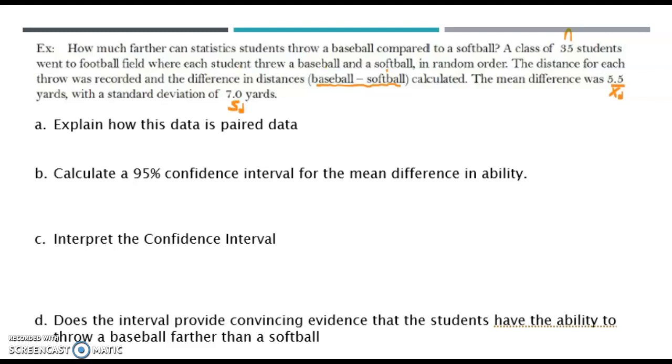Explain how we know this is paired data again. So let's come right here and say, because we have exactly the same number of data for each criteria.